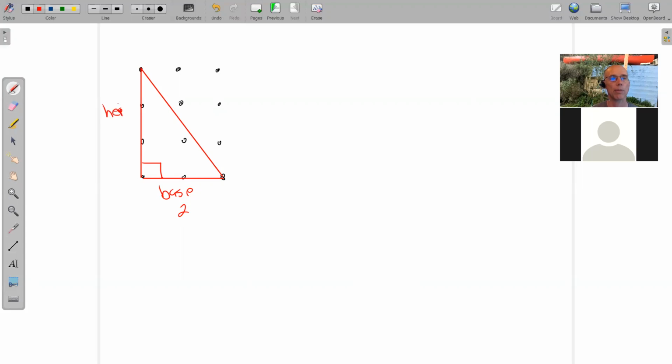And the important thing about the base and the height is that they meet at a right angle. And so the height appears to be 3. And so based on that, I can just say the area is 1/2 times that base times that height. So half of 2 is 1. 1 times 3 is 3. So this triangle has an area of 3 square units.